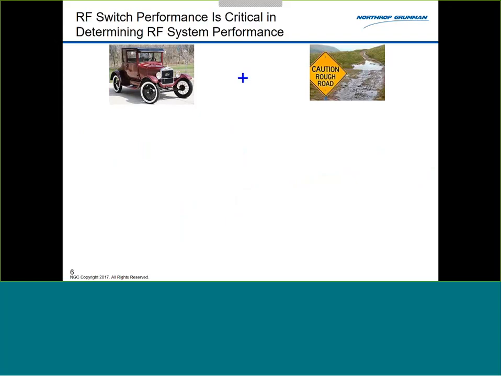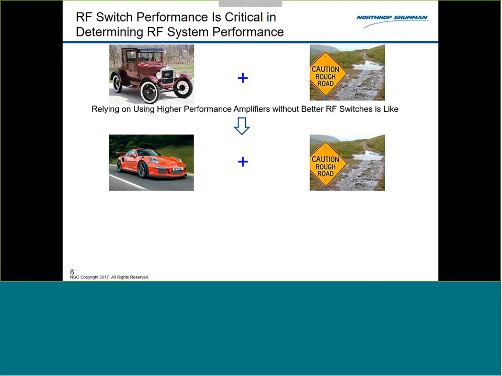So how I like to reference this is that traditionally, I think that's Model A on the left. That's an old style amplifier, and then on the right, that really rough road, that would be your traditional RF switch. And what the industry has been focused on in terms of improving it is making a better amplifier. So making really fantastic high Fmax, high FT amplifiers.